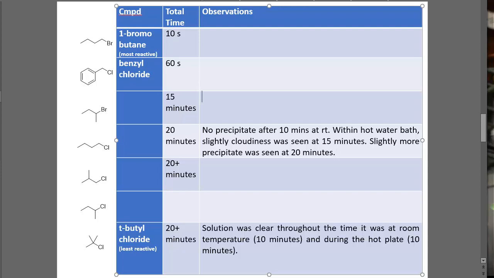For our 2-bromobutane, let's just look at that too, so we can just talk about what we should say in here in direct comparison. First of all, for the table, definitely name these compounds. So again, this is 2-bromobutane. We've got a small amount of cloudiness, which is precipitate suspended in solution, seen at about the 8-minute mark.